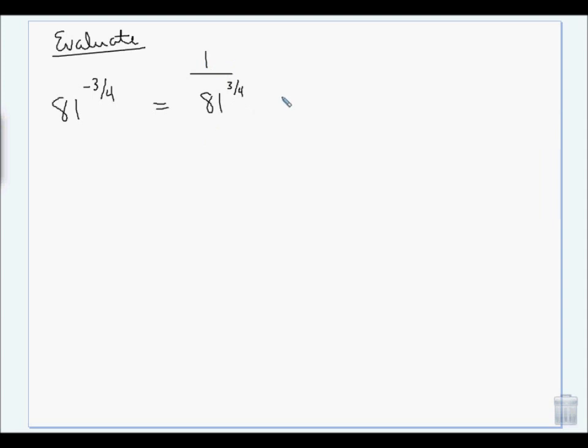Then 81 to the 3/4, that doesn't mean anything necessarily. But I know that this is going to be my root and this is my exponent. So that's the same thing as 1 over the 4th root. That's really unattractive. The 4th root of 81 to the 3rd.